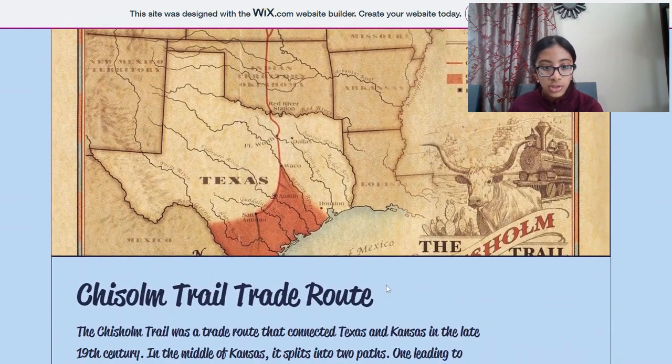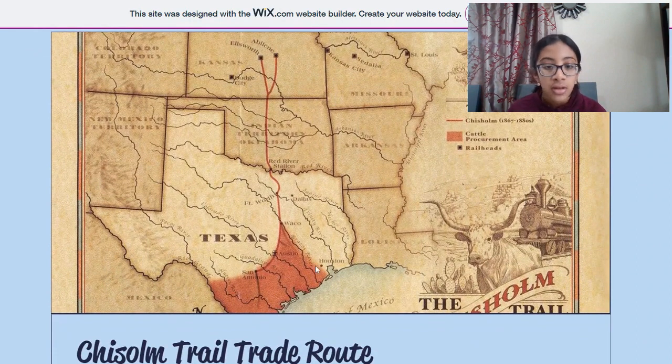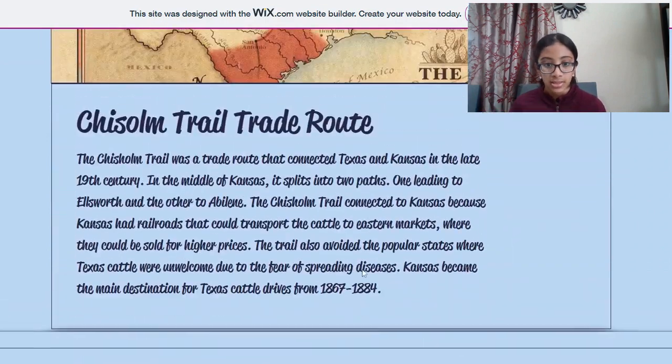So here's the Chisholm Trail trade route, and it starts in Texas, near southern Texas, which is where all the main cattle were. That's why it says cattle procurement area. That's where all the cattle and the longhorns were, and from there they were transported all the way up through Oklahoma, through the Indian Territory reservations, to Kansas, to these two main railheads, Ellsworth and Abilene, so they can be transported by railroad to places all over the U.S., mostly in the East, since there was such a high demand there.